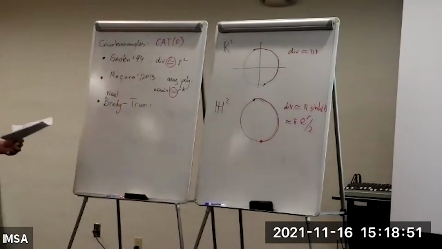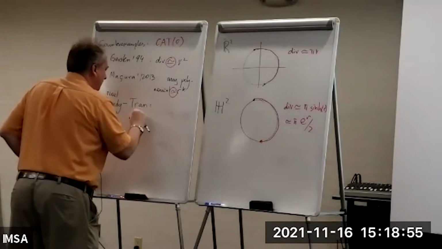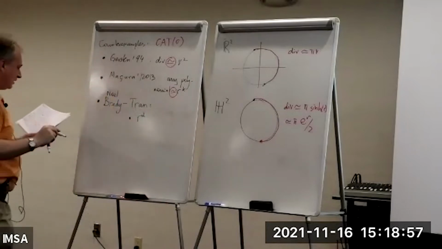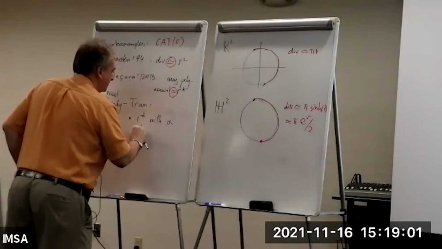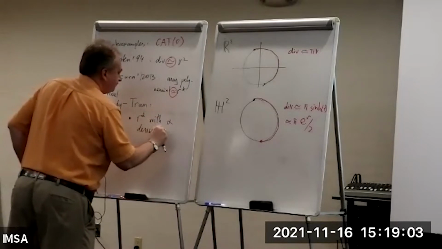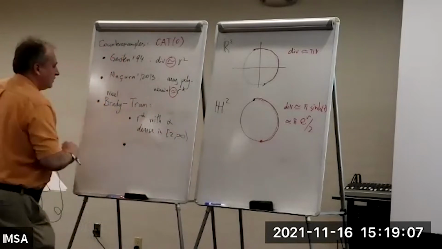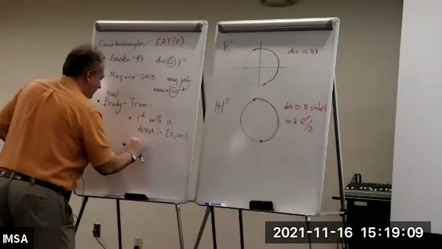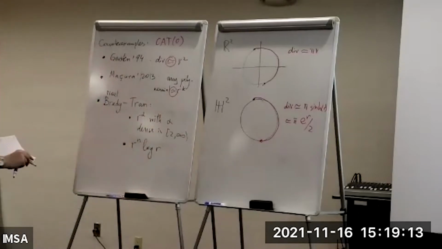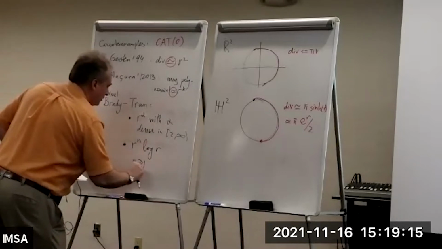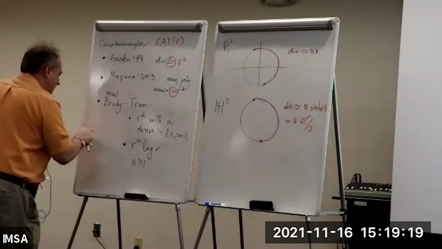They came up with remarkable examples of R to the alpha, with alpha dense in [2, infinity), and R to the n log R, where n is a positive number. So these are all CAT(0) examples.